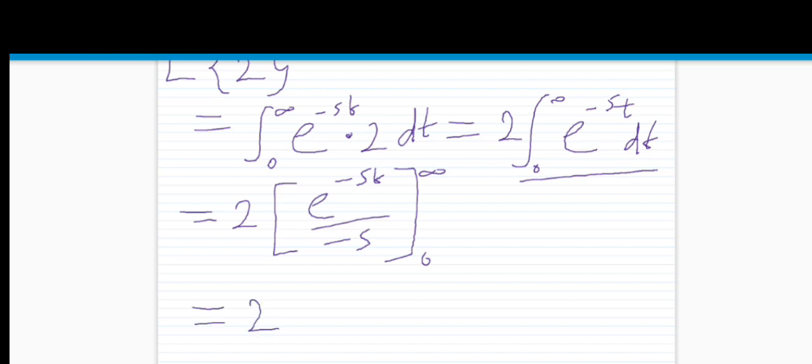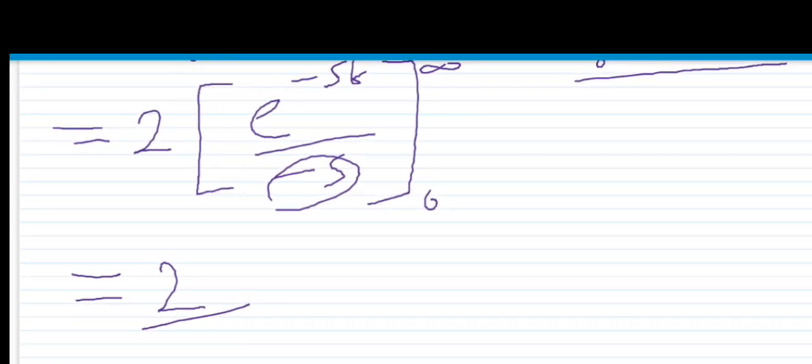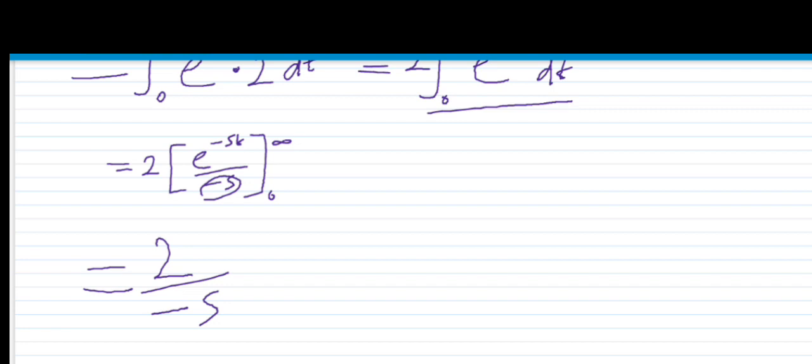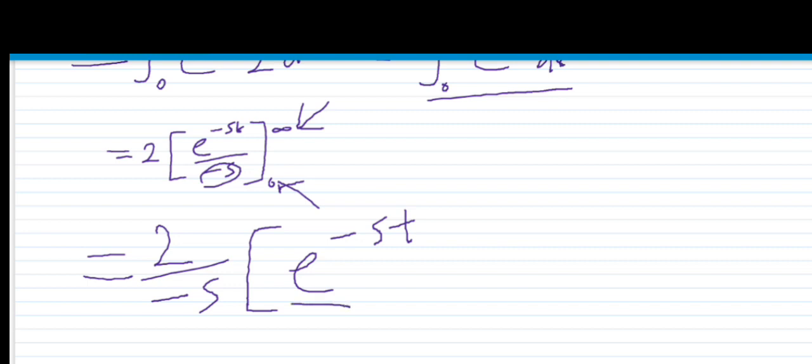That will give us 2. Now, we can simply bring out this minus s by saying 2 over minus s. Then we'll have, open brackets, e raised power minus st. Now, because we have the upper limit of infinity and the lower limit of 0, according to integration, we take the first one and raise it to power infinity.